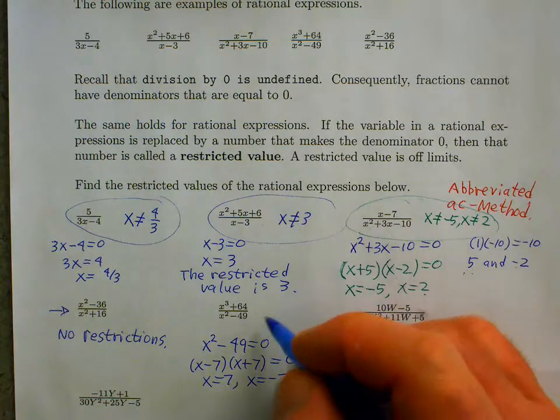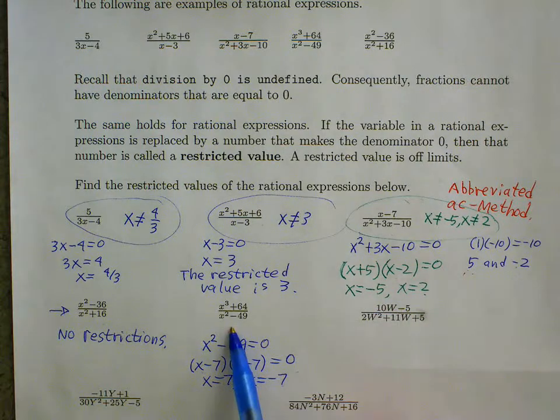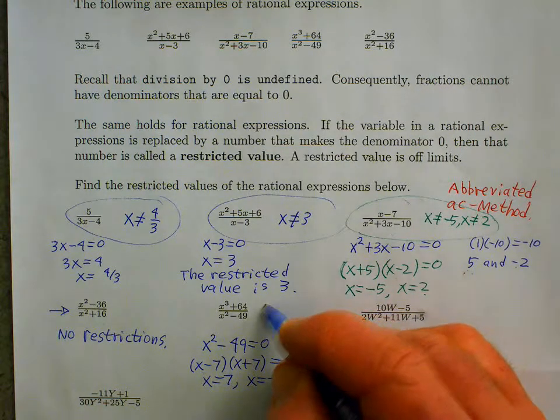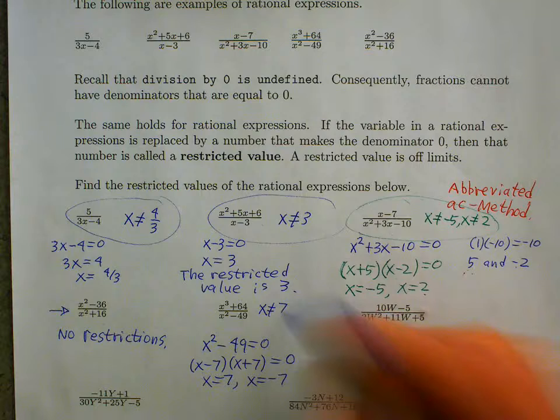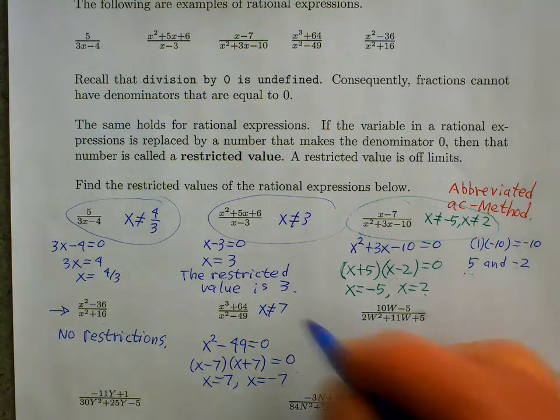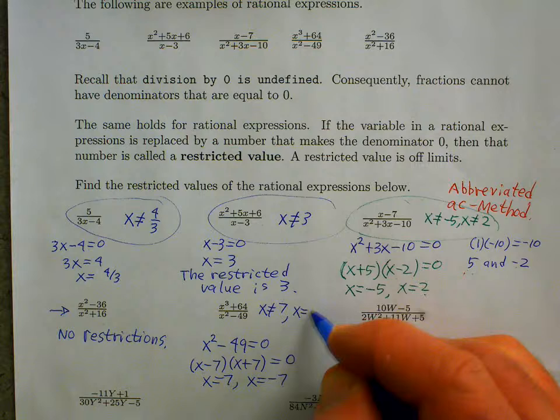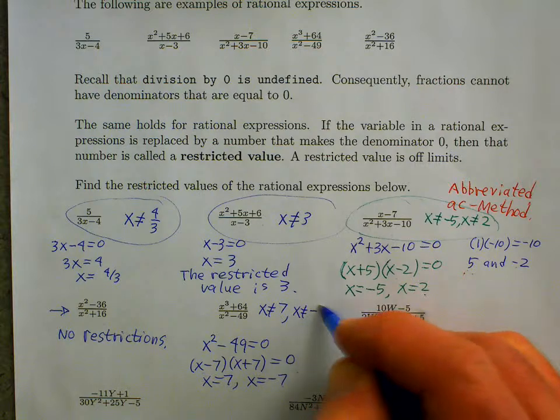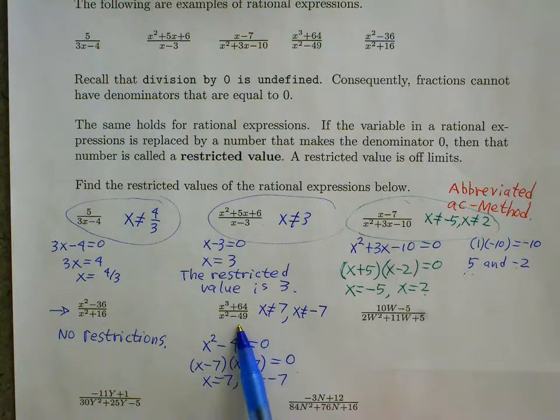So another way to indicate what the restricted values are, we say x cannot be 7 because that makes the denominator 0. And we cannot allow x to be negative 7 because that also makes the denominator 0.